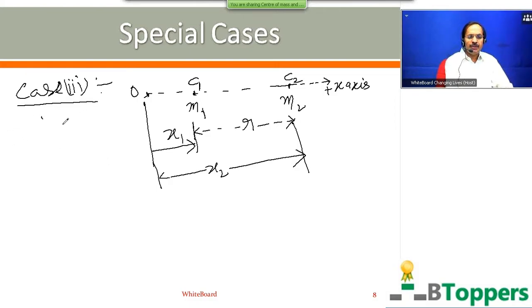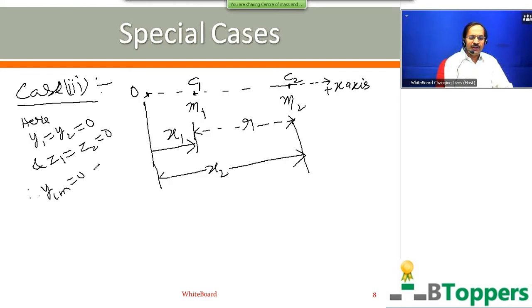So, as I discussed in the previous case, the center of mass of a system of 2 particles, or a system of collinear particles, lies on the same straight line on which the particles lie. That means in this case also, the y coordinate for each mass is 0 and the z coordinate for each particle is 0. Therefore, the y coordinate of center of mass is 0 and the z coordinate of center of mass is also 0.